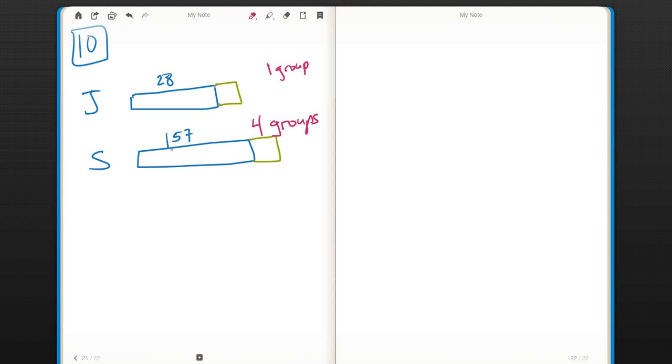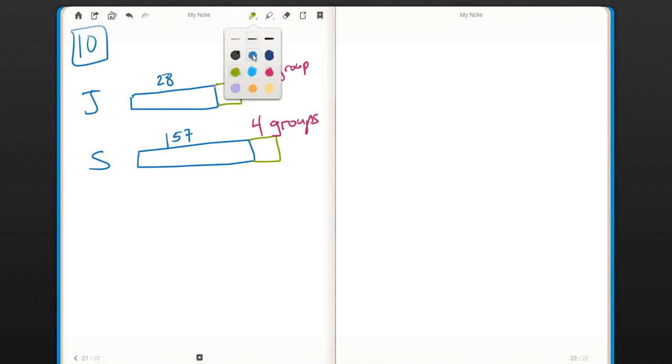If I take Sarah's magnets and I subtract 1 group, I know 1 group is made up of 28 and a green box. So if I take the 157, keeping my color coding separate in case that helps you see what I'm doing, I have 157 plus a green box. Now let me just do it this way.